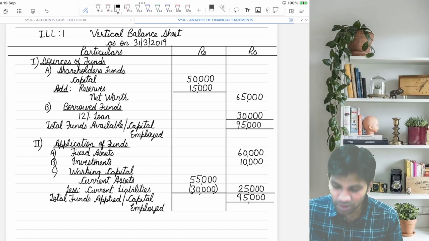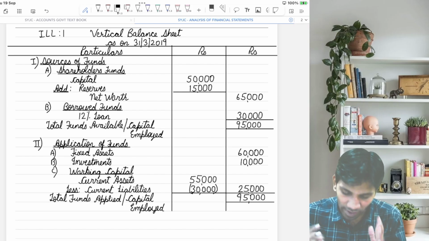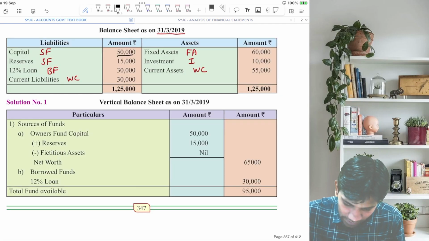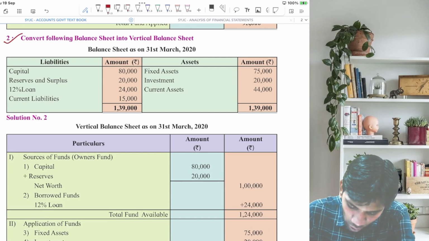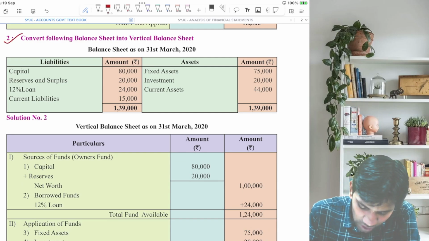This is your vertical balance sheet, sum number 1. Let's go for the next question. That is illustration 2. It's clearly mentioned, convert the following balance sheet into vertical balance sheet. Balance sheet on 31st March 2020.